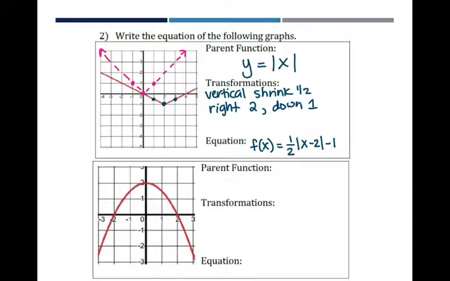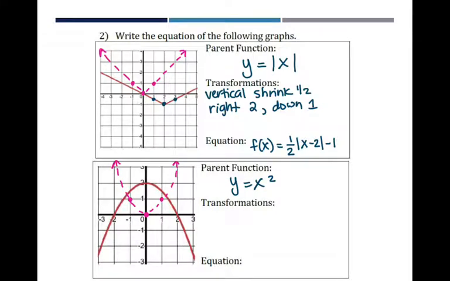My second graph is a quadratic. Here is your original parent function for your quadratic. So my parent function is y equals x squared, and let's figure out our transformations.